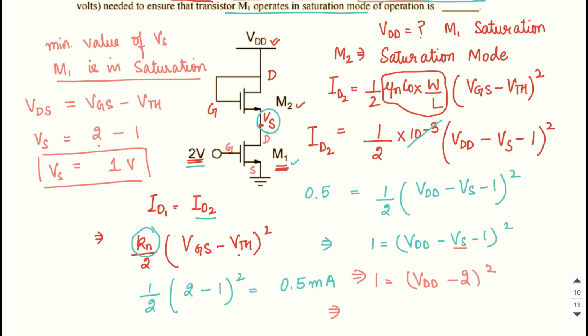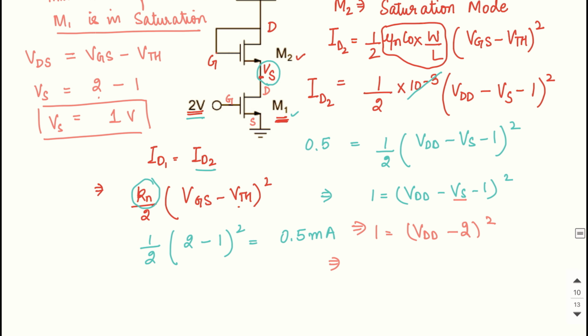Now if we just try to solve this, we will have VDD minus 2 equal to plus minus 1.